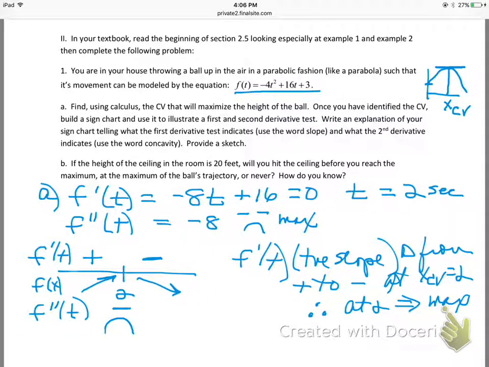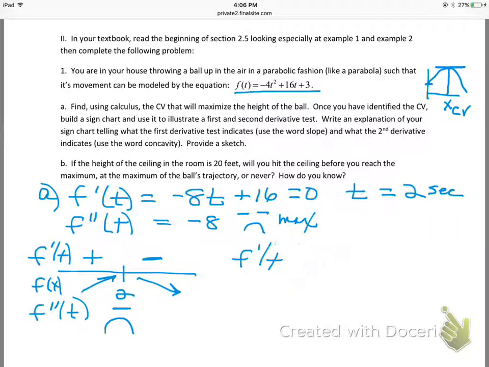So let me erase that. And we will do the same thing with my second derivative test, but in the interest of space, I'm going to conserve it this way.